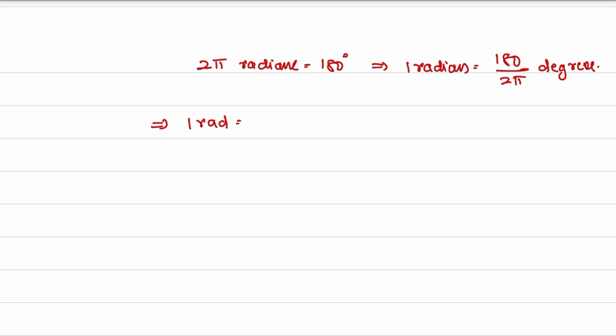2 pi radians is not 180, sorry, it is 360. It is for the whole circle, 360 degrees. I am sorry, I have written it as 180 by mistake. It is pi radians is equal to 180. This is 2 pi radians we have taken. It is 360. 1 radian is equal to 360 by 2 divided by pi, that is 57.3 degrees.